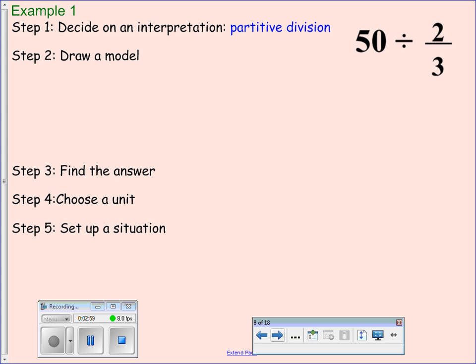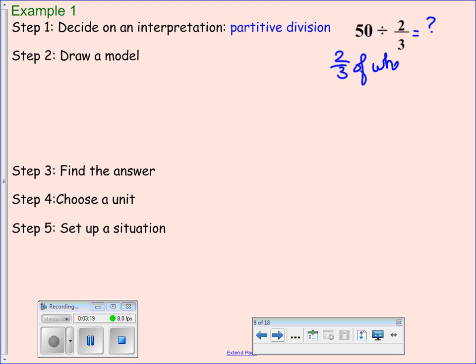Now we're going to draw a model. A lot of people seemed to struggle on the homework last night when we were looking at a whole number, because we did that a whole week ago. When it's a whole number, I find, gentlemen, please stop interrupting. We're looking for the quotient. So 2/3 of what number is 50?